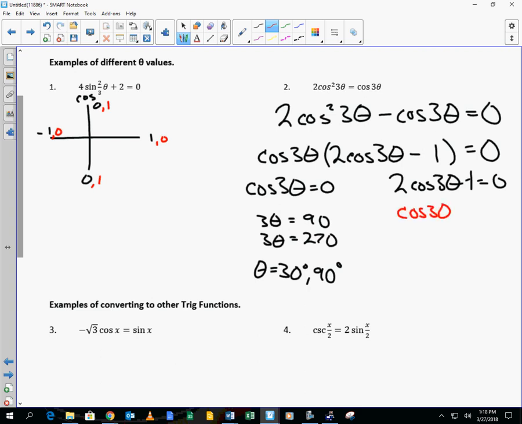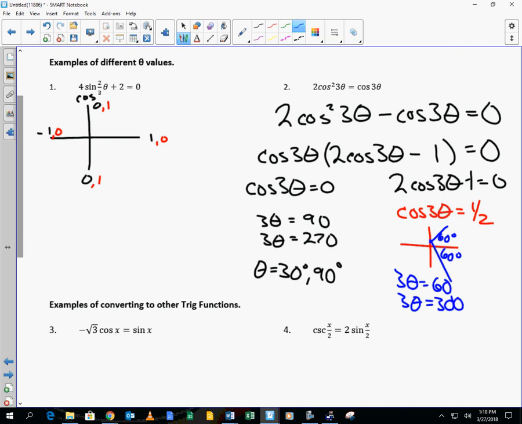Okay, the next one, I add the 1, I divide by 2, I get cosine of 3 theta is equal to 1/2. Well, in which quadrants is cosine positive? 1 and 4. So if you inverse cosine of 1/2, 60. So therefore, you have 3 theta is equal to 60, and 3 theta is equal to 300.